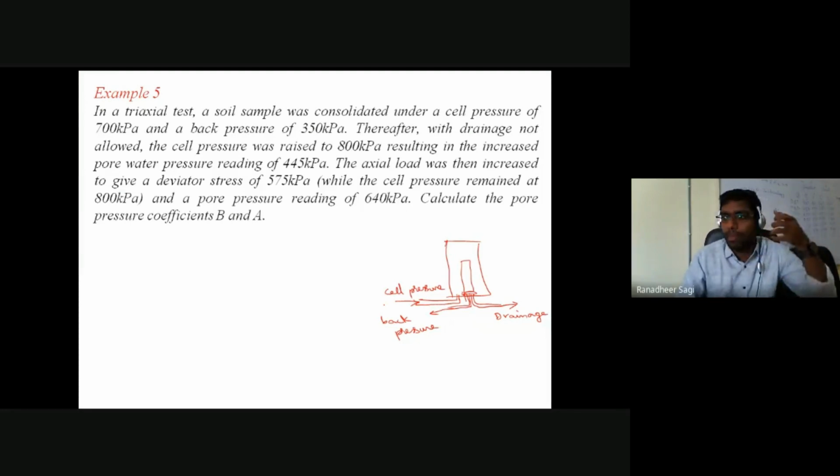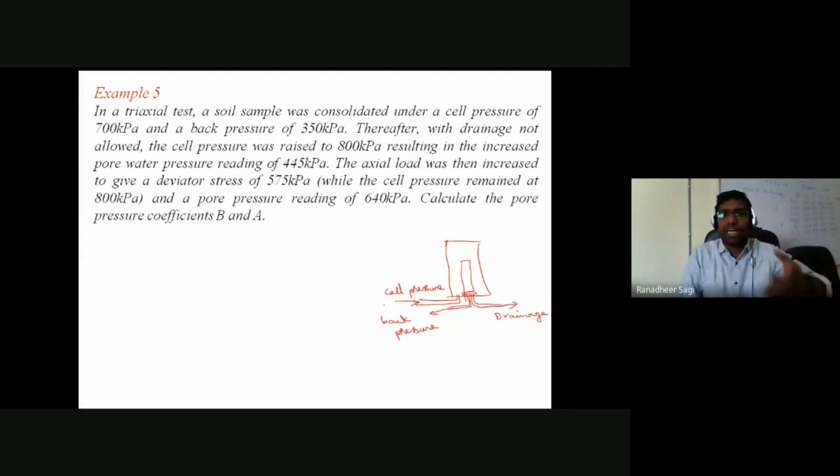It's nothing but the back pressure with which you have injected the water into the interconnected void paths. That itself is the pressure developed inside your pore spaces because of the water. So that back pressure, in simple terms, is the amount of pore water pressure developed in your soil sample. That's what I mean to say.